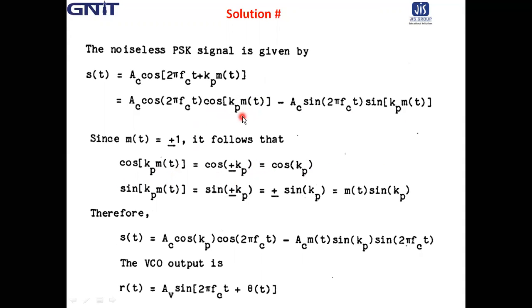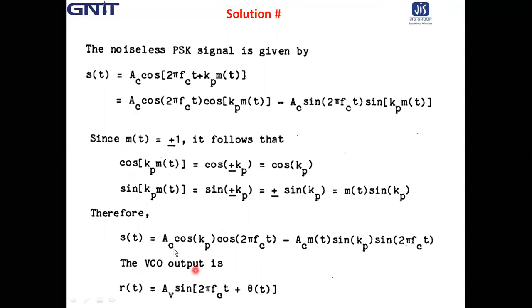So cos of minus theta means cos theta, and sin of minus theta means minus sin theta. So now it becomes plus minus sin Kp, or MT sin Kp.